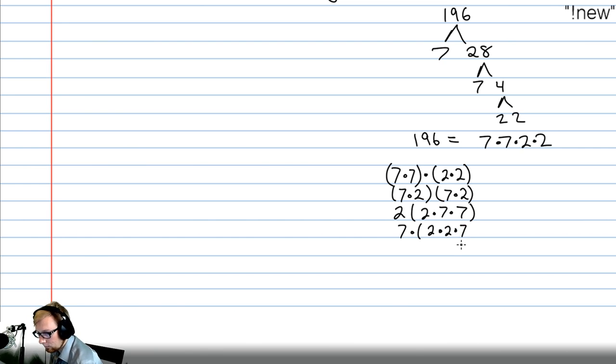See that? Okay, we know that all of these equal 196. But look at what I did with the parentheses. I've got 49 times 4. I've got 14 times 14. I've got 2 times 98. And I've got 7 times 28.